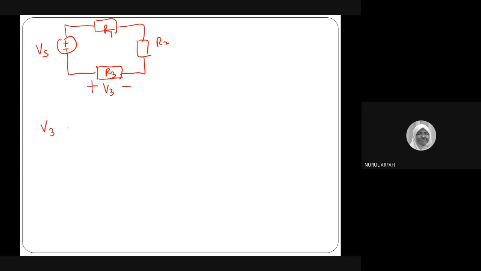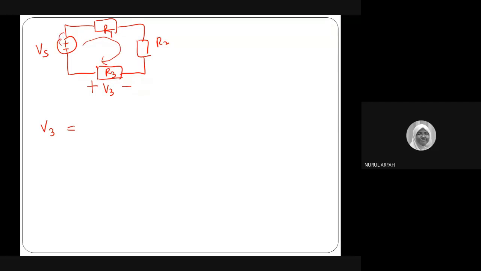What if you have a voltage source here, and then here and here, 3? This is V3. This is R3, R1 and R2. And this one negative, this one positive. What is V3? Negative. How do you know? Compare.